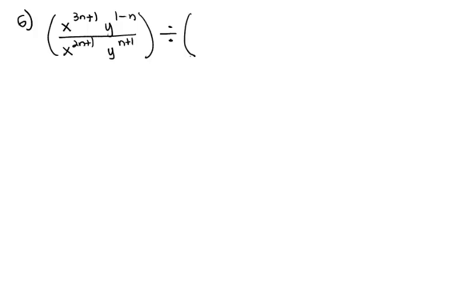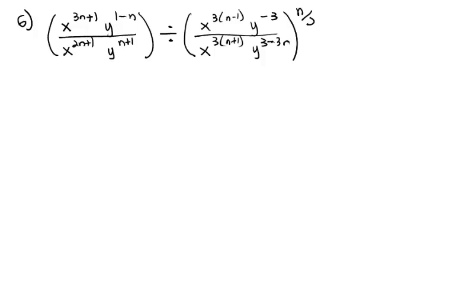And we're going to divide by x to the 3 times n minus 1, y to the negative 3, over x to the 3 times n plus 1, y to the 3 minus 3n. And we're going to take all of that to the n over 2 power.